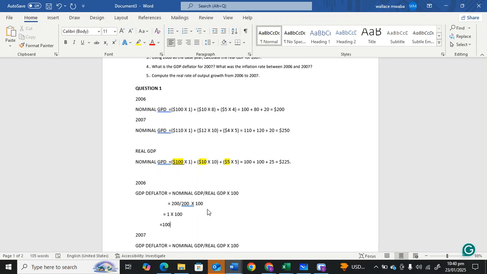Now, back to the question, because we want to calculate the inflation rate. Remember, the real GDP, you're using the base year's prices. In this case, the base year is 2006, so you still use the 2006 prices.